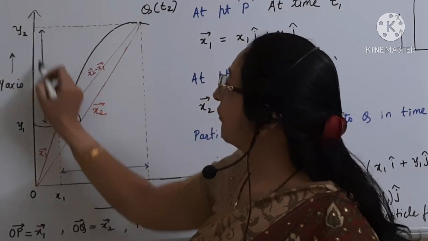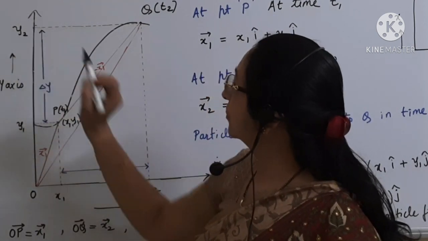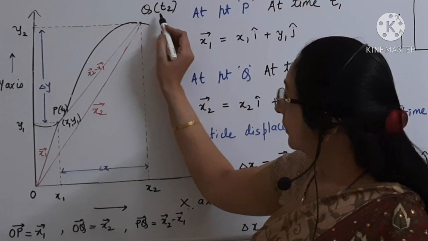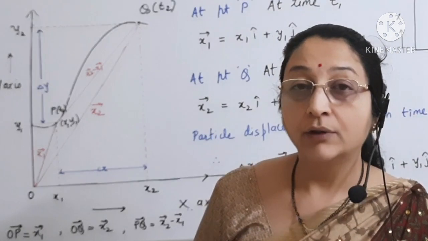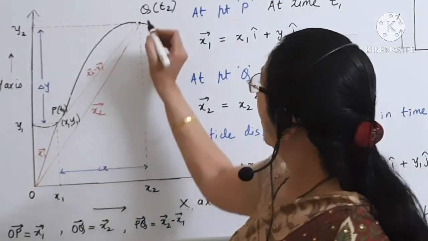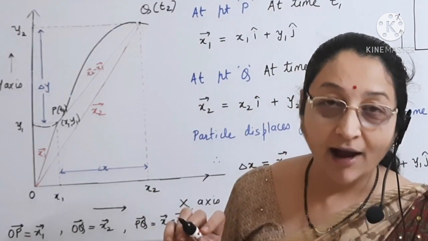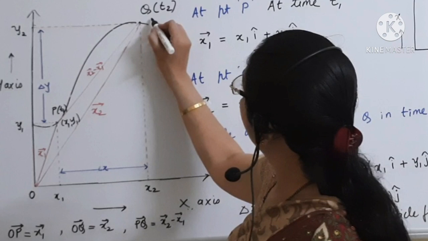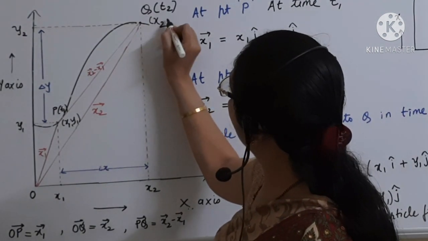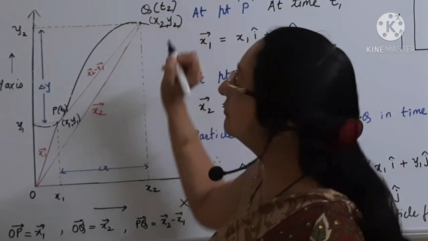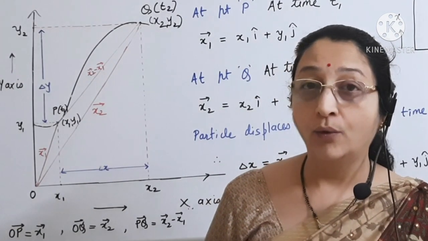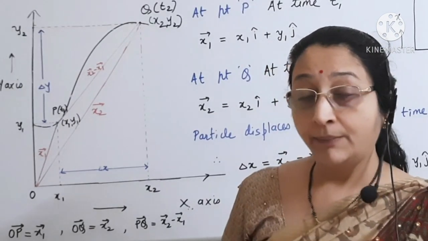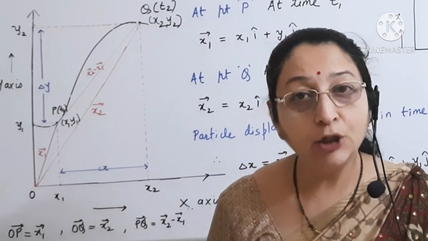And it meets the y-axis at y2. So, the components of the point Q along the x-axis and the y-axis are x2, y2. So in this way we write the x and the y components of the point Q which the particle reaches at time t2.